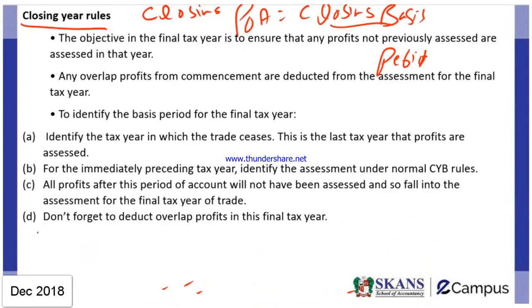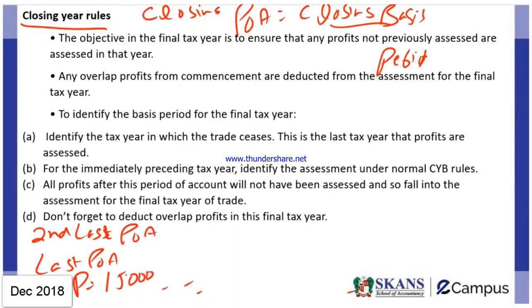I try to make an example here. This is the second last period of account, and there is a last period of account, and there are some overlap profits of 15,000. The second last period of account is from July 2016 to 30th June 2017. The profit is 1,60,000.